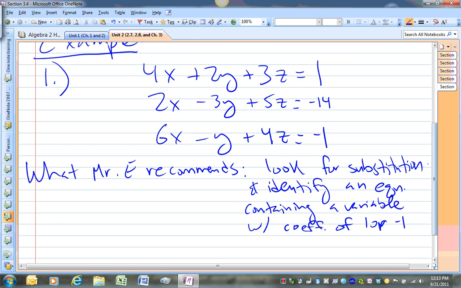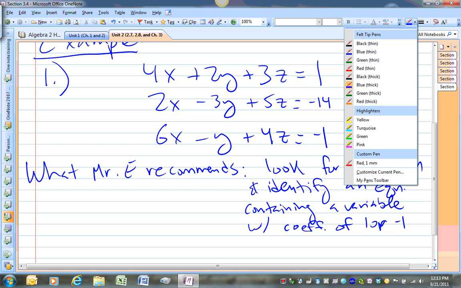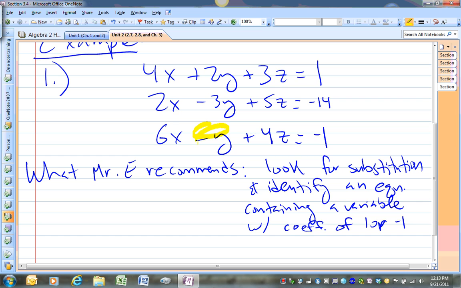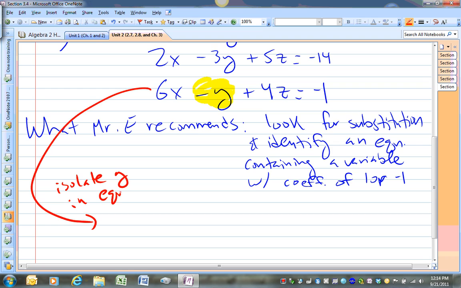So obviously there's only one variable that I like here. It would be this one, because it has a coefficient of negative 1. So what I'm going to do is isolate y in equation number 3.